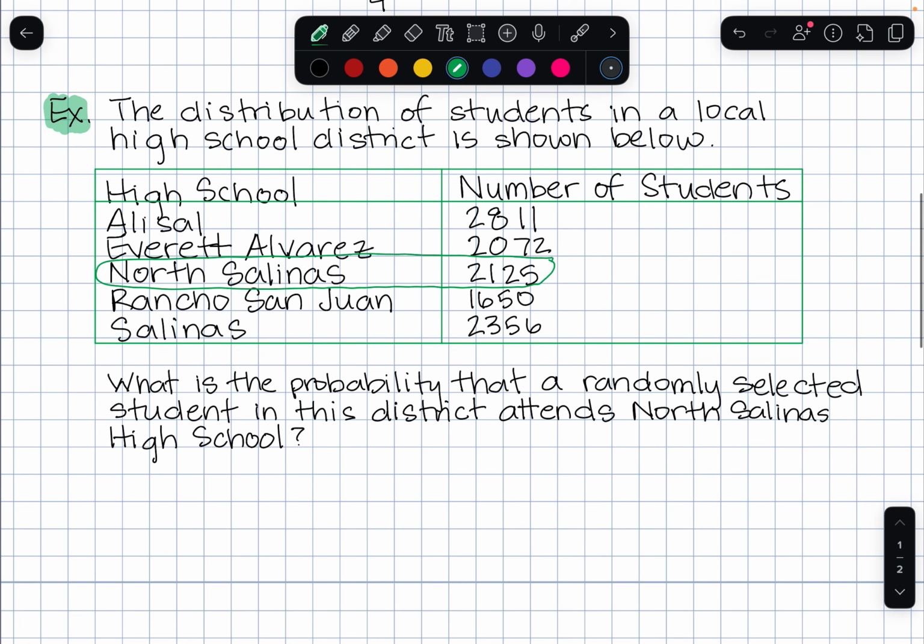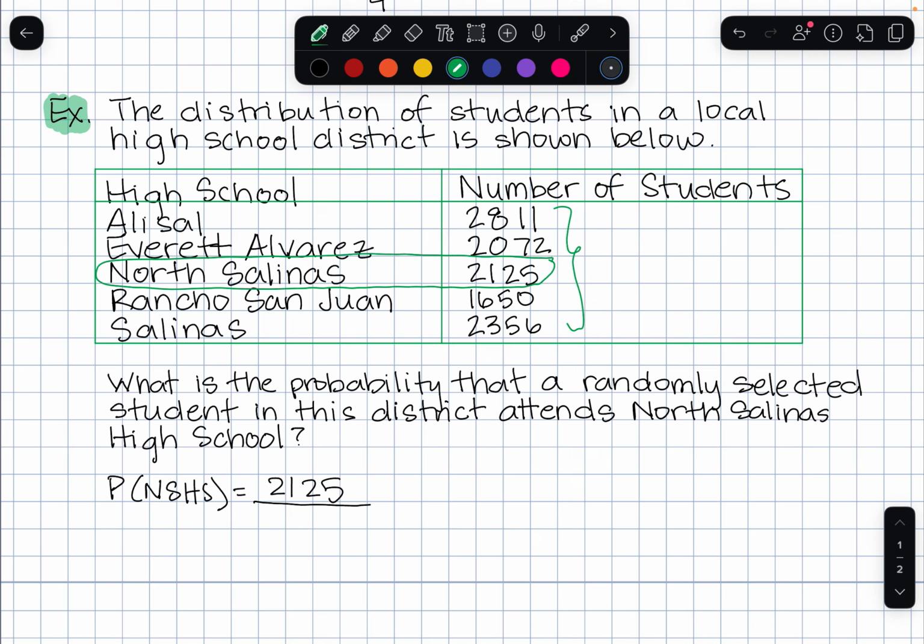And when I go to build my probability, so probability the student goes to North Salinas High School, it's going to be that number, the frequency of North Salinas High School, divided by the total frequency, and we don't have that yet.